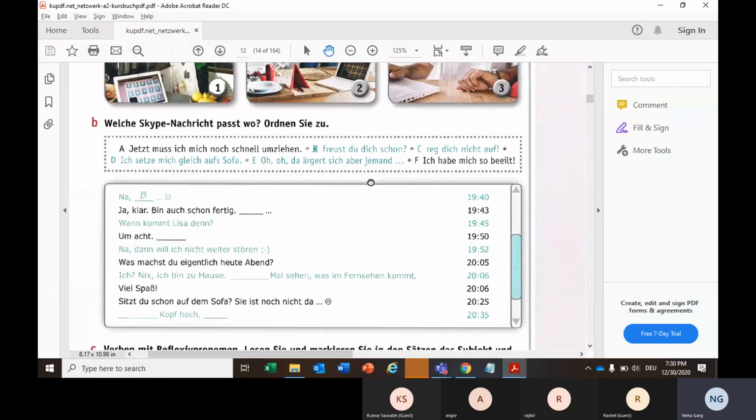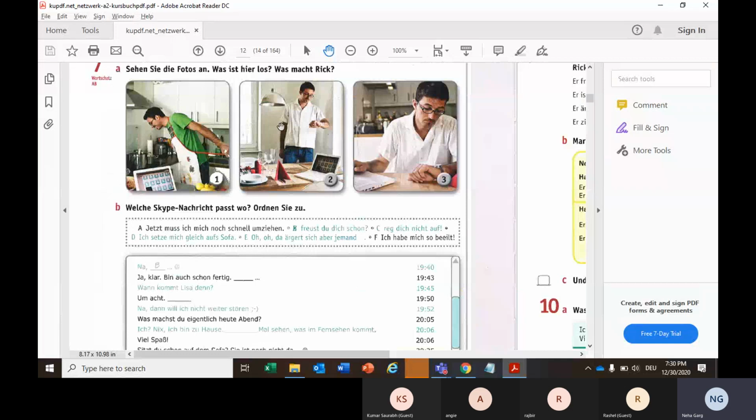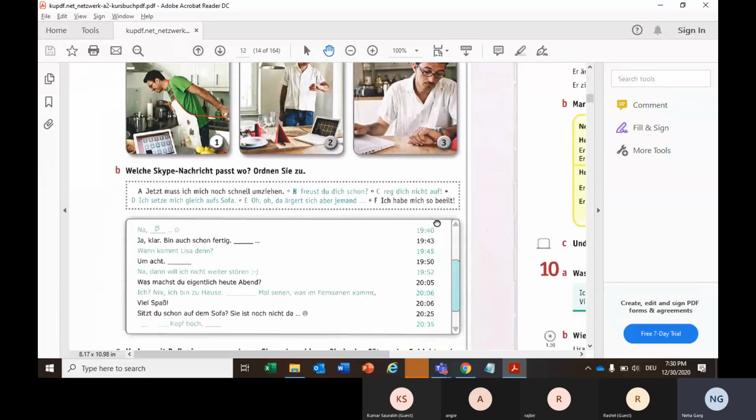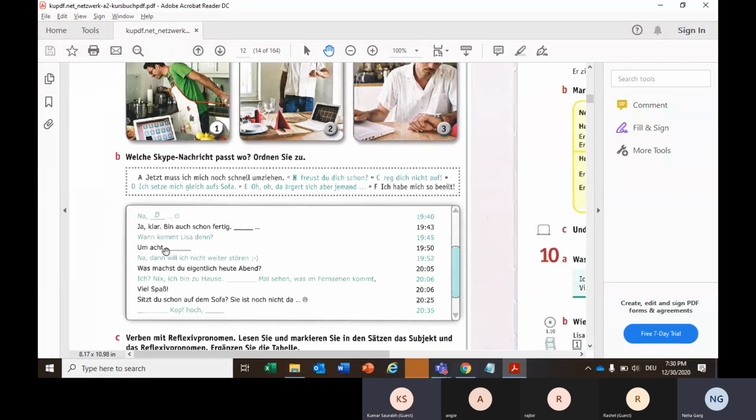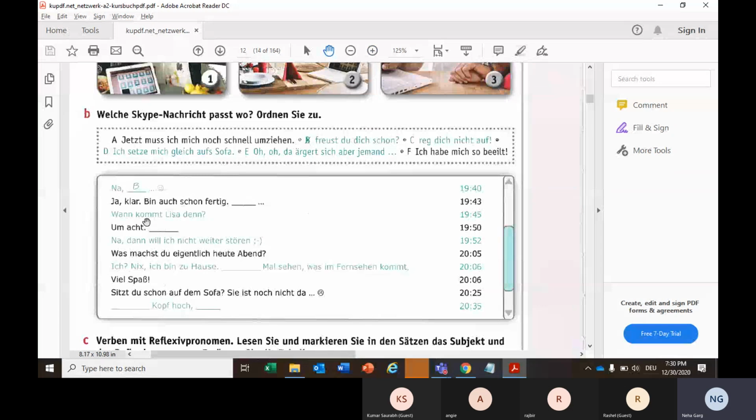What you have to do is see the picture, what is happening in the picture, Nummer 1, Nummer 2 und Nummer 3. And on that basis you have to fill in these blanks. There are some sentences given. I'll tell you the meaning of these sentences and accordingly just try to fill in the blanks and then we'll discuss. So Nummer A, jetzt muss ich mich noch schnell umziehen.